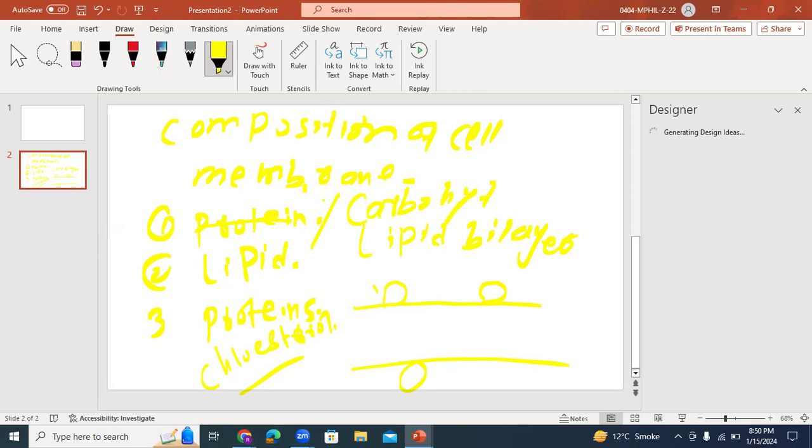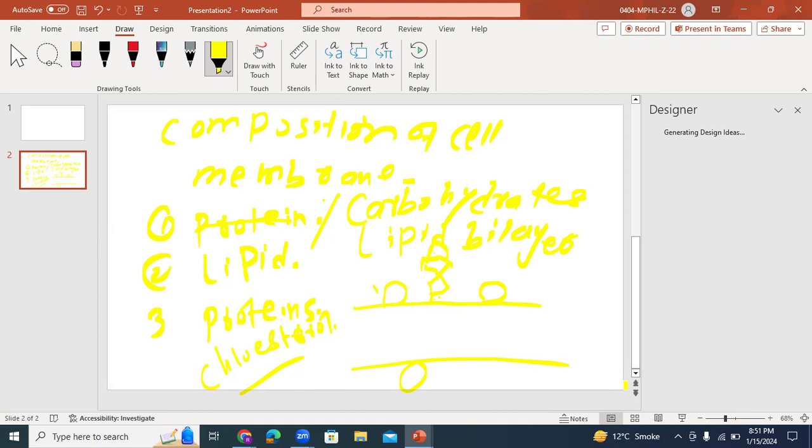Sir, where are carbohydrates present on this? Yes, carbohydrates are present like this. Let me show you. For example, this is a layer. On this layer, there will be a conjugation like this. They will form a tail-like structure like this.